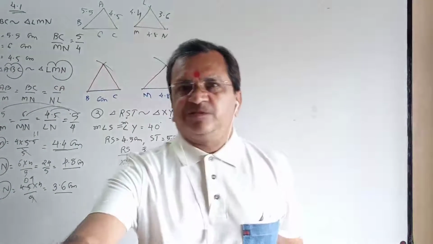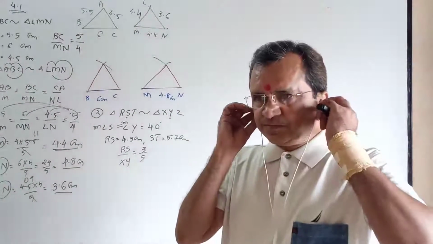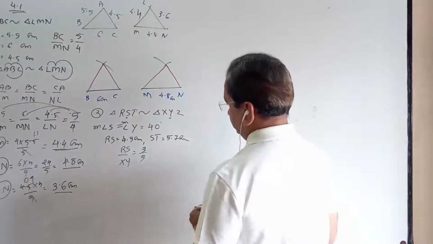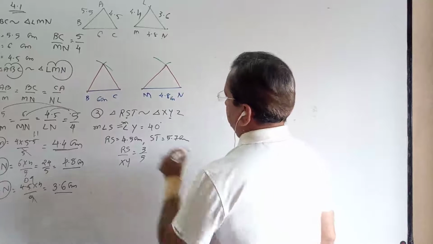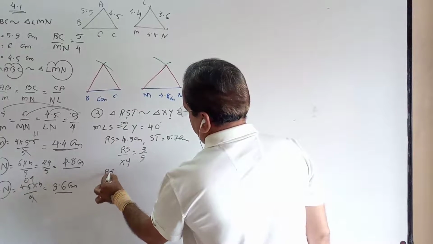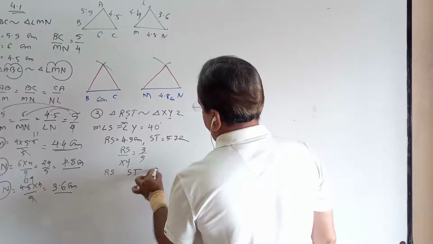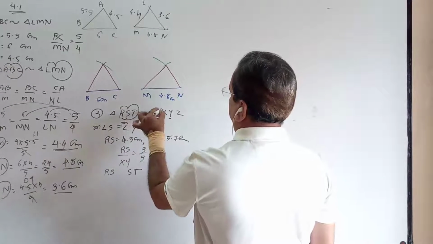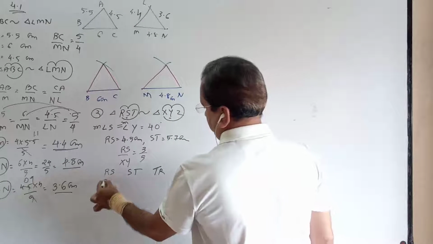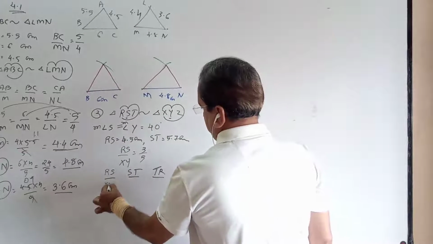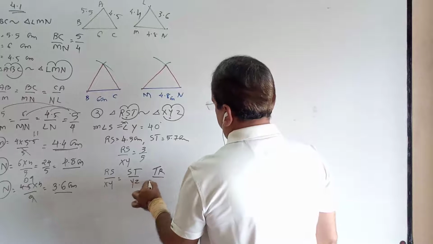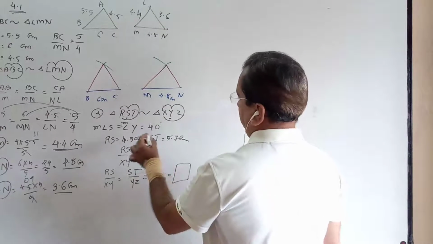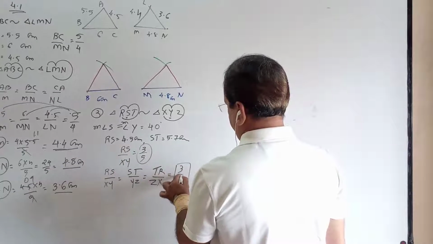Now it is clear. Now RS, ST, TR: first, second, second, third, third, first; XY, YZ, ZX, and that is given 3 by 5.